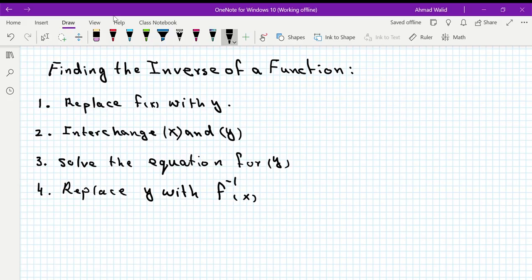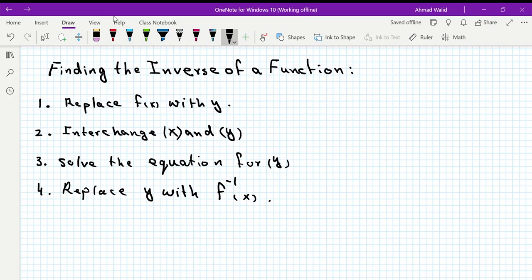That's it, you are done. You can find the inverse of any one-to-one function which is given to you if you simply follow these 4 steps. I'll do an example on the right side, and I'll show you the 4 steps there, right?